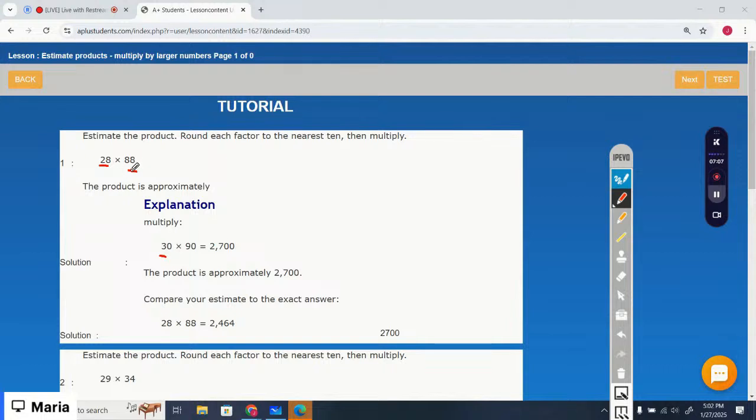Same way you have 88. 88 is just two numbers away from 90, so you can round it off to 90. Now you have to multiply: 9 times 3 is 27, then 10 and 10 makes 100. So that is 2700. And if you do the exact multiplication, 28 times 88, that would be 2464.